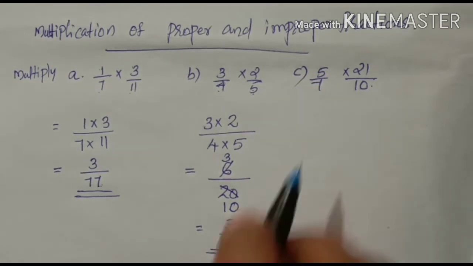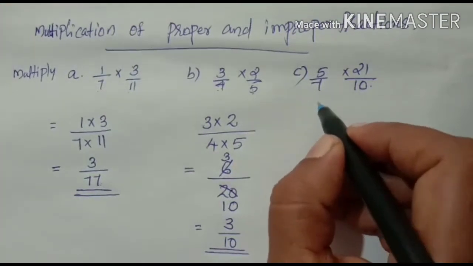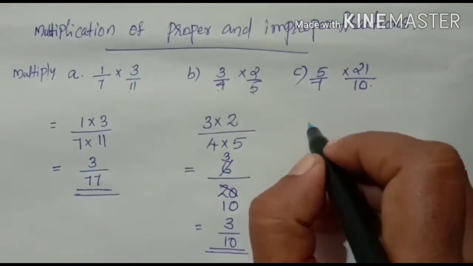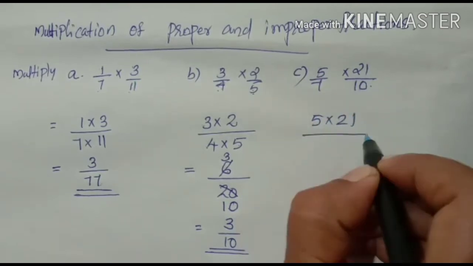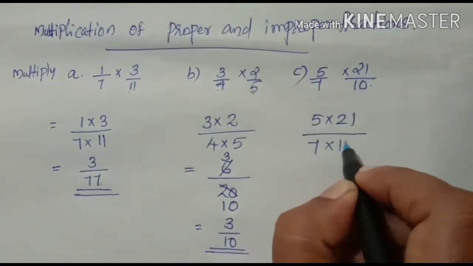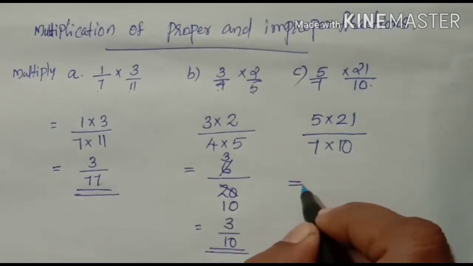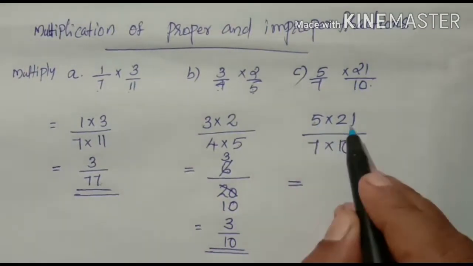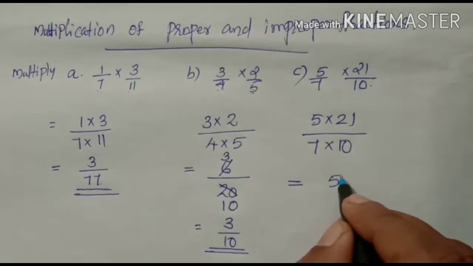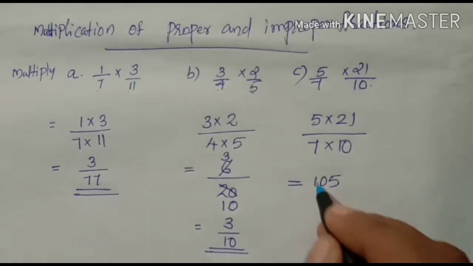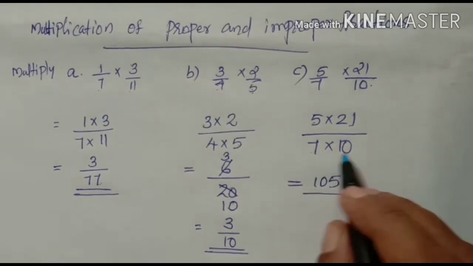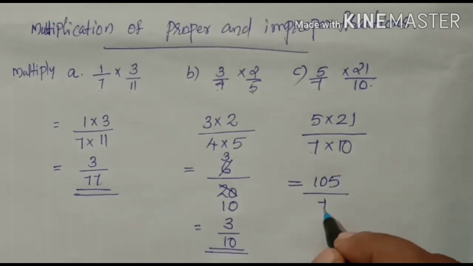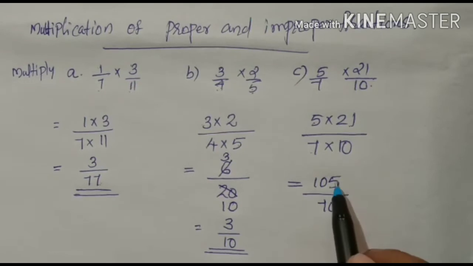Clear? Next is 5 by 7 into 21 by 10. Which equals 5 into 21, 5 1s are 5, 5 2s are 10, 105 by 7 into 10, 70. Here the units place digit is 5 and 0.